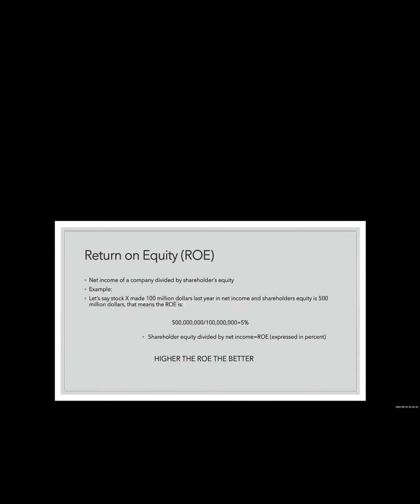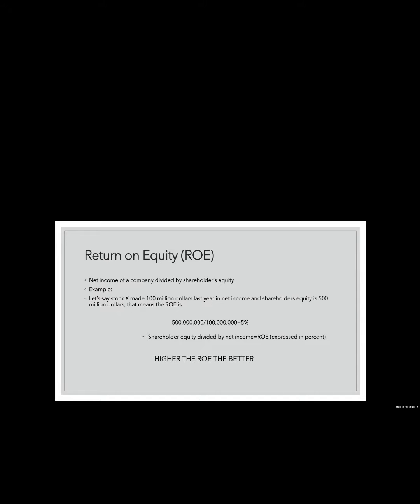Return on equity, more commonly known as ROE, is net income of a company divided by shareholders' equity. So for example, let's say stock X made $100 million last year in net income, and the shareholders' equity is $500 million. That means the ROE is the net income, 100 million, divided by the shareholders' equity, 500 million, and you get 20%.